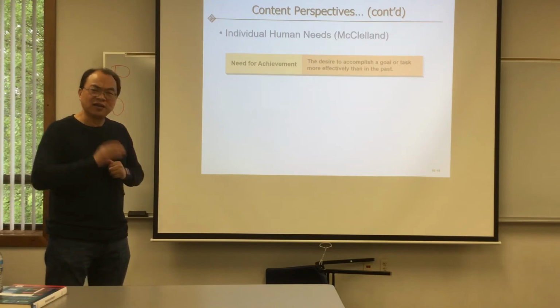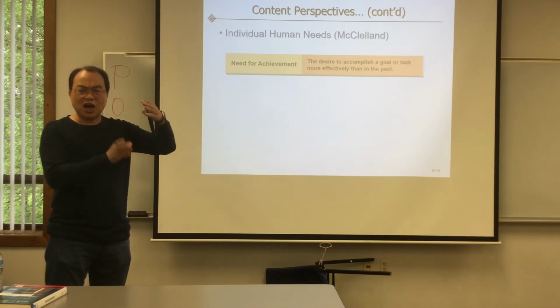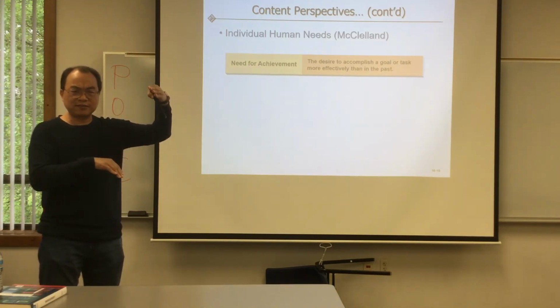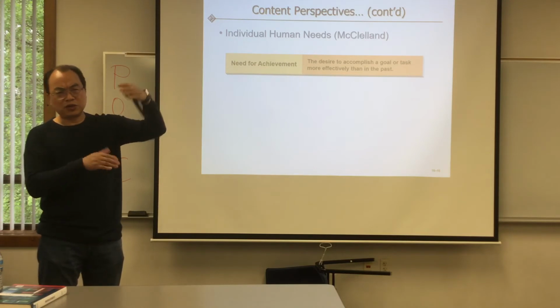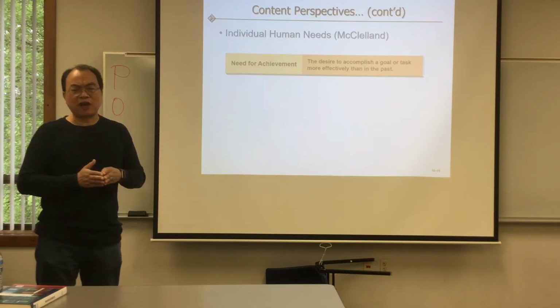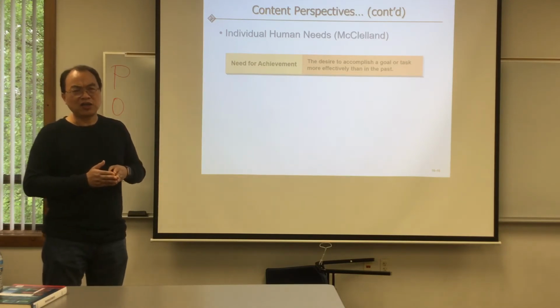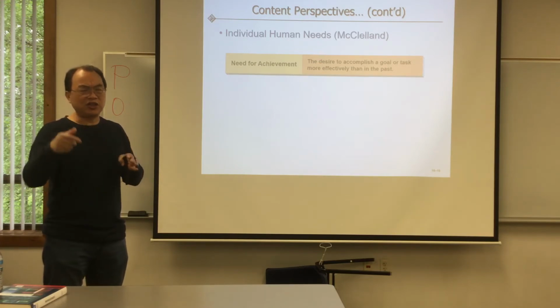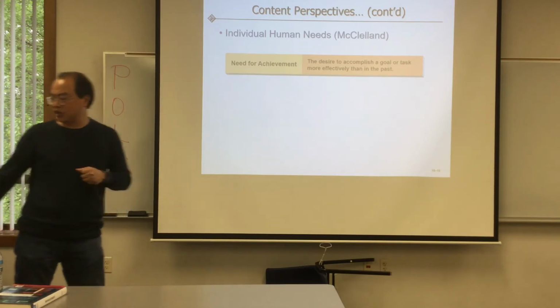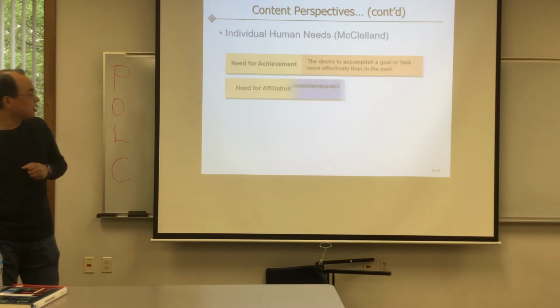That seems like the highest need of Maslow. You go back to Herzberg, it's really on the motivational factors, right? And then you go to Alderfer, ERG is on the growth, right? So anyway, need for achievement, okay?